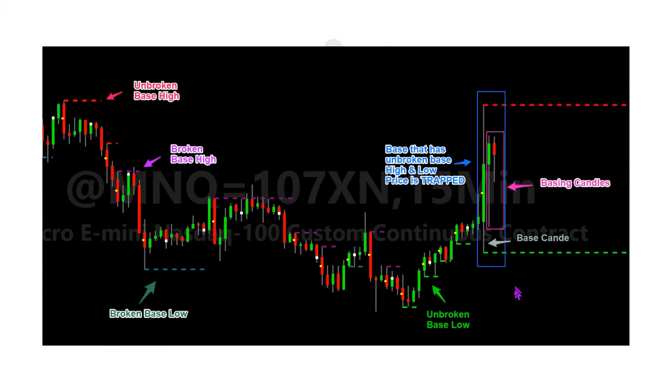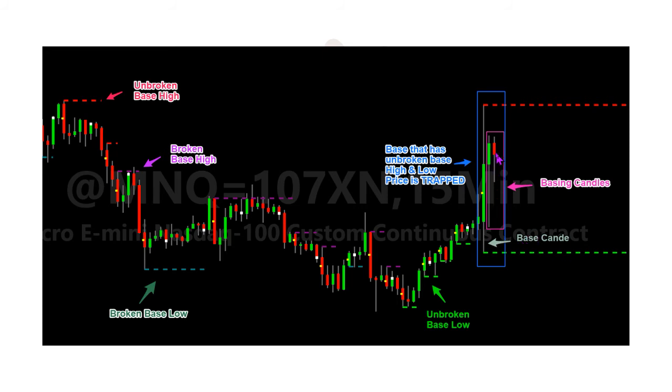And then you have unbroken bases. So these, the base lows are this bright green color, and as I said, the unbroken base highs is the red color. Now, here is a base that is currently actively being formed. And so you have the first candle here that's marked by the green and red, which is your base candle, okay?